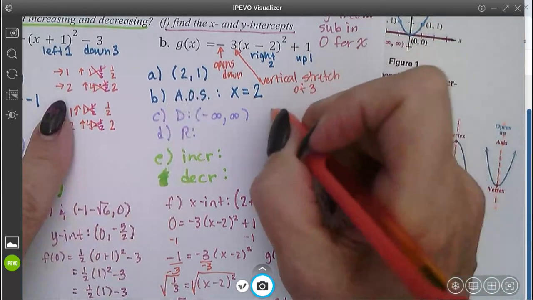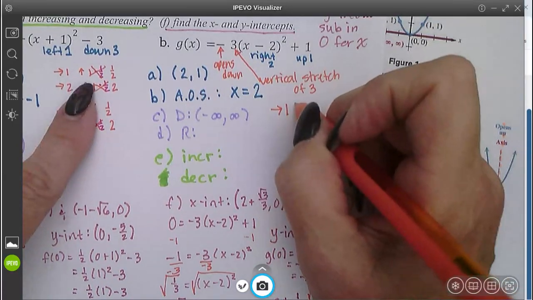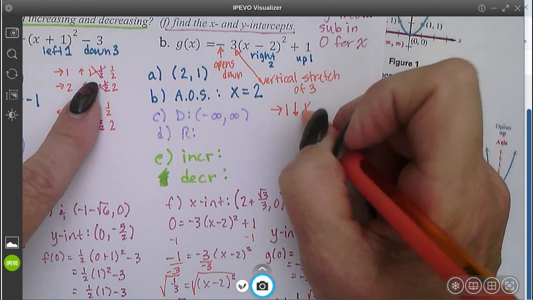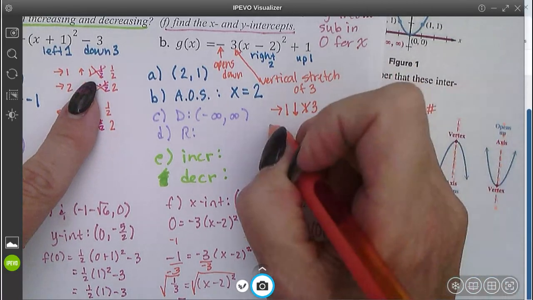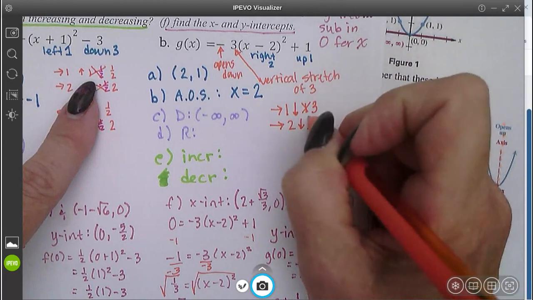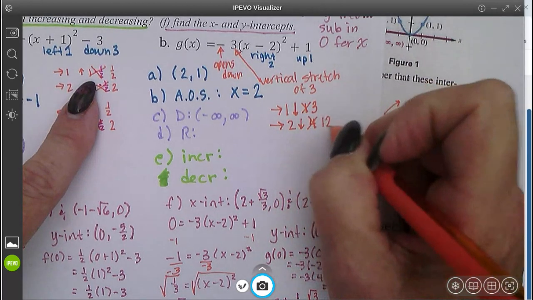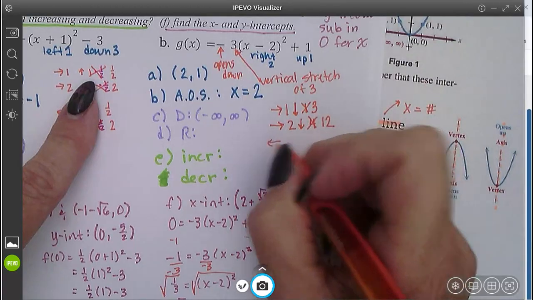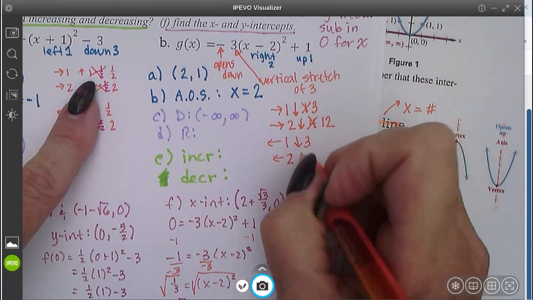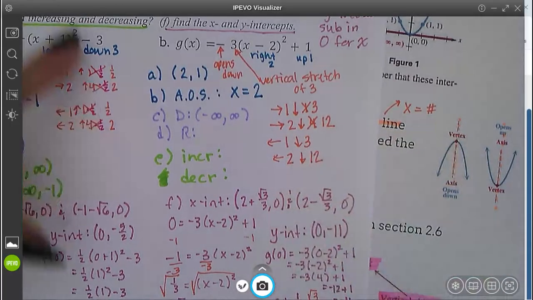So in my pattern, I'm going to go over 1, but I'm going to go down. And instead of 1, I have to stretch that and go by 3. And then I'm going to go over 2 and down. Instead of 4, I would have to stretch that and go 12. And then left 1, same pattern, down 3, left 2, same pattern, down 12.